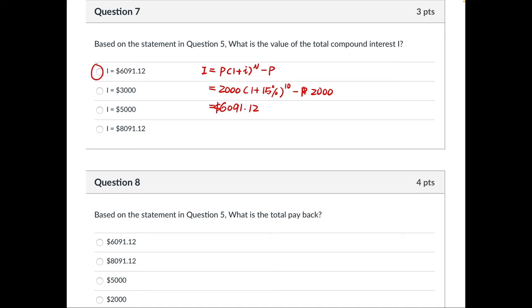And the total payback is still P plus I, which is 2,000 plus 6,091.12. So it is $8,091.12.